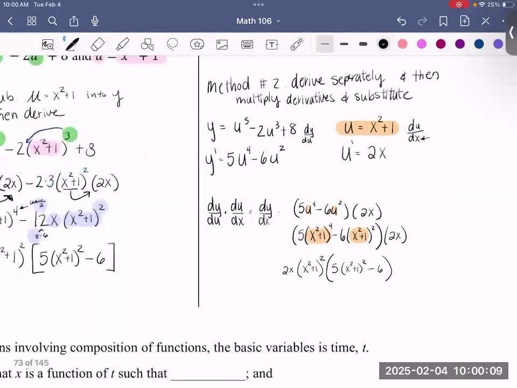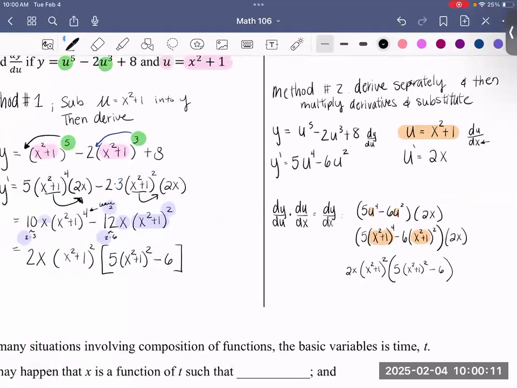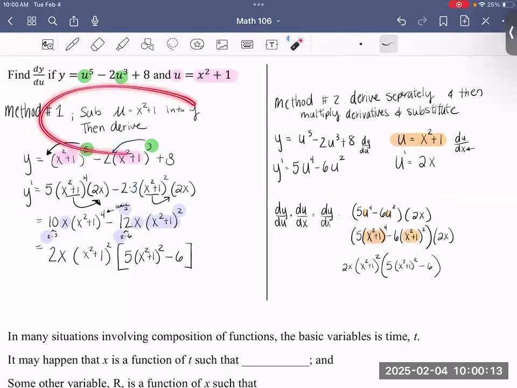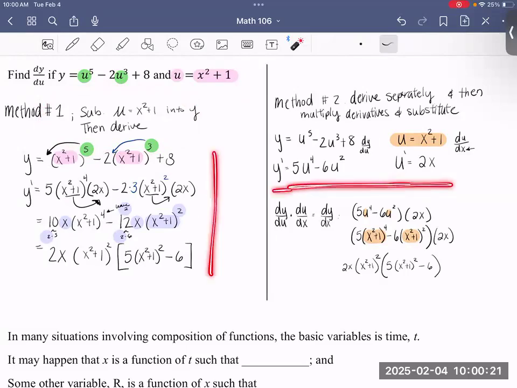You'll notice that those two are the exact same. What I recommend is probably method 1, substitute it in and then derive all at once, especially if this was kind of too much for you, especially this portion, when we derived it in terms of dy over dx.